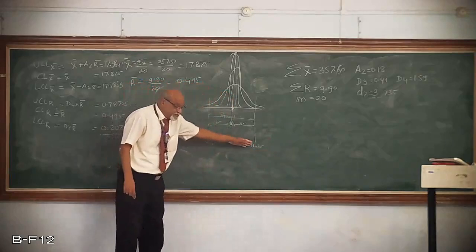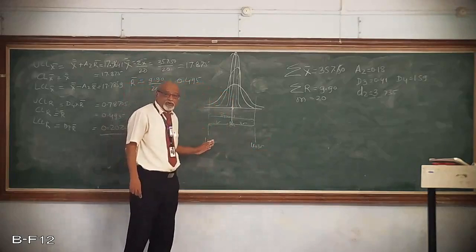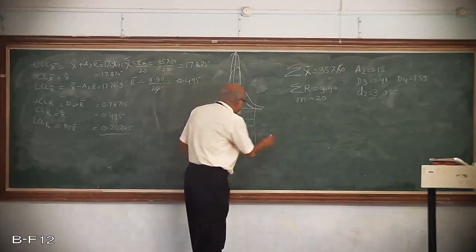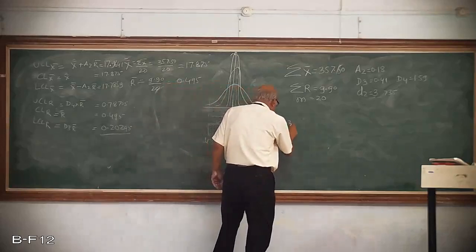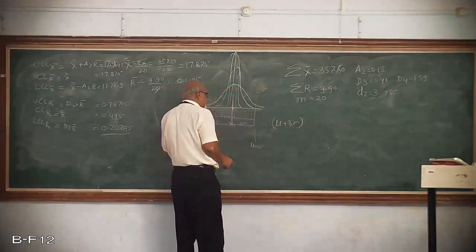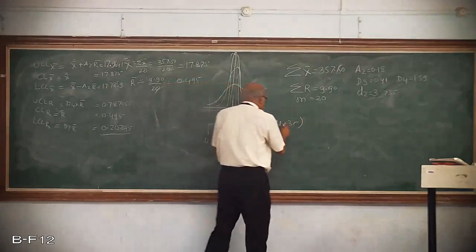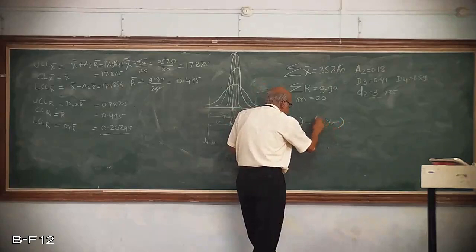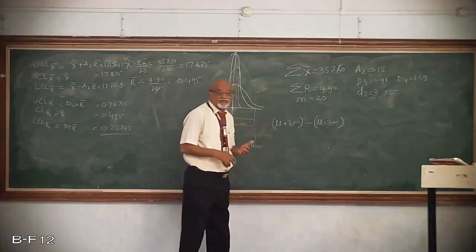What is the difference between these two? That is the spread I want to find out. That is mu plus 3 sigma, because on this side the value increases and on the left side the value decreases. So mu plus 3 sigma minus mu minus 3 sigma, that range I am trying to find out.